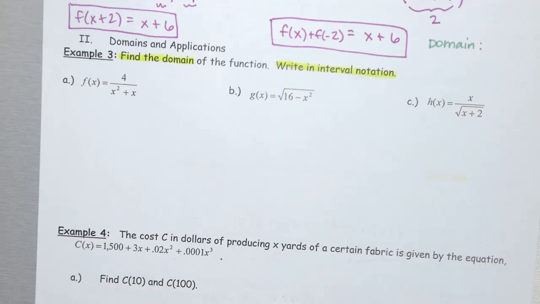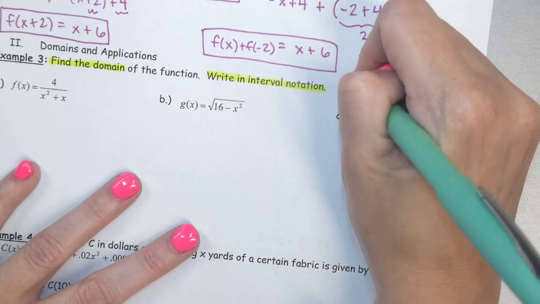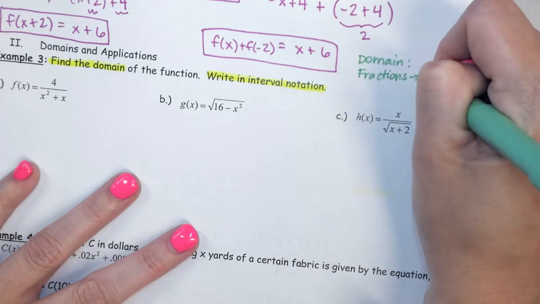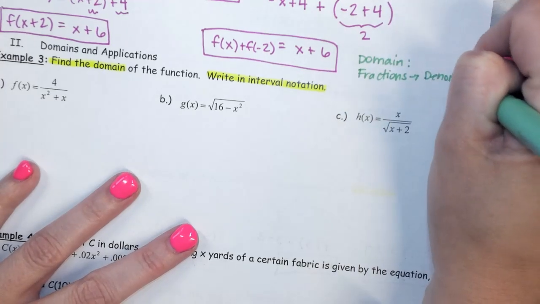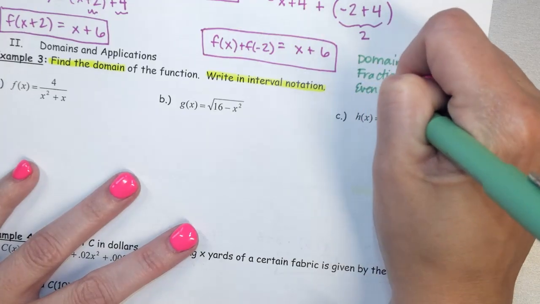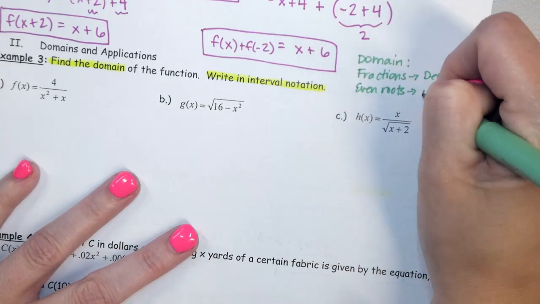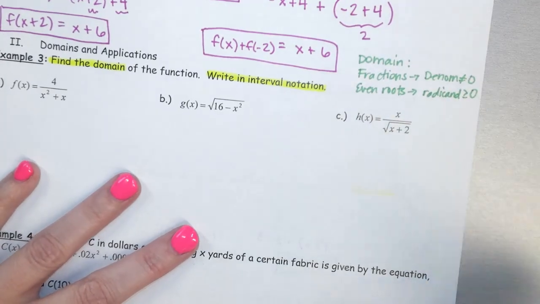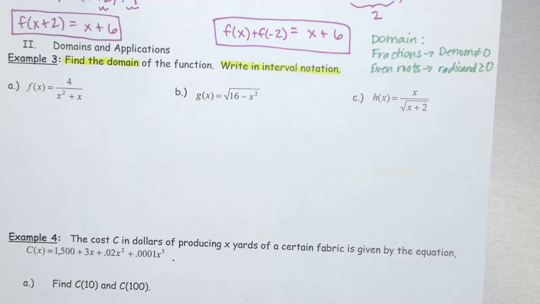Yes, fractions and square roots or any even root. With fractions, we want to make sure the denominator is not 0. And with even roots, we have to make sure the radicand is greater than or equal to 0. So it can't be negative.